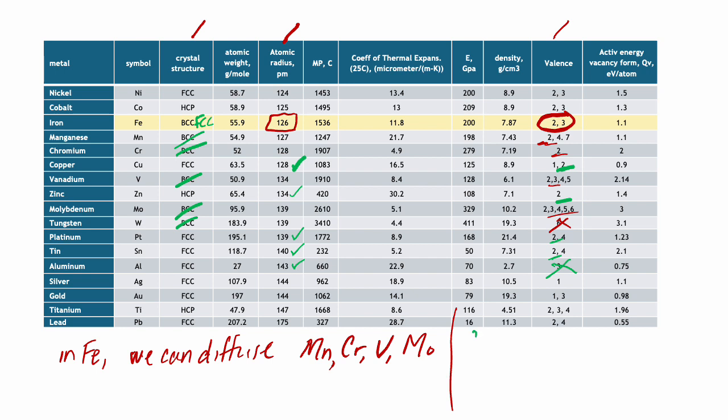So when it's FCC iron, we could diffuse nickel and cobalt and copper and zinc and platinum and tin.